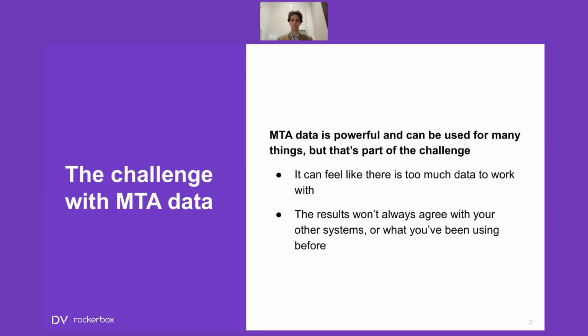Everyone has had the experience of analysis paralysis, where you have so many things to do, so many ways of looking at things, that you end up a little bit stuck. And so sometimes it can be useful to take a step back and focus, and think about what are the absolute most important things you can do with all of this data. The other is conflict with other data sources.